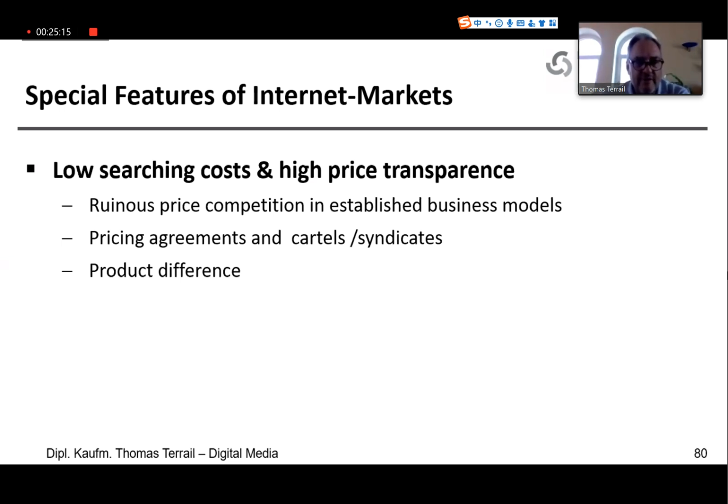often we have a ruinous price competition in established business models. That means the following. If you have a traditional business model, this can be changed against a digital business model. So in Germany, we are losing our bookstores.